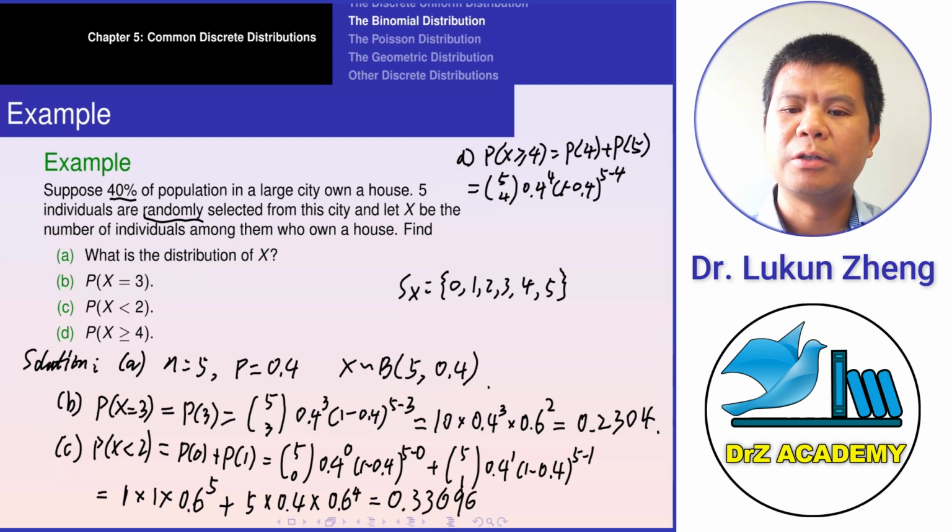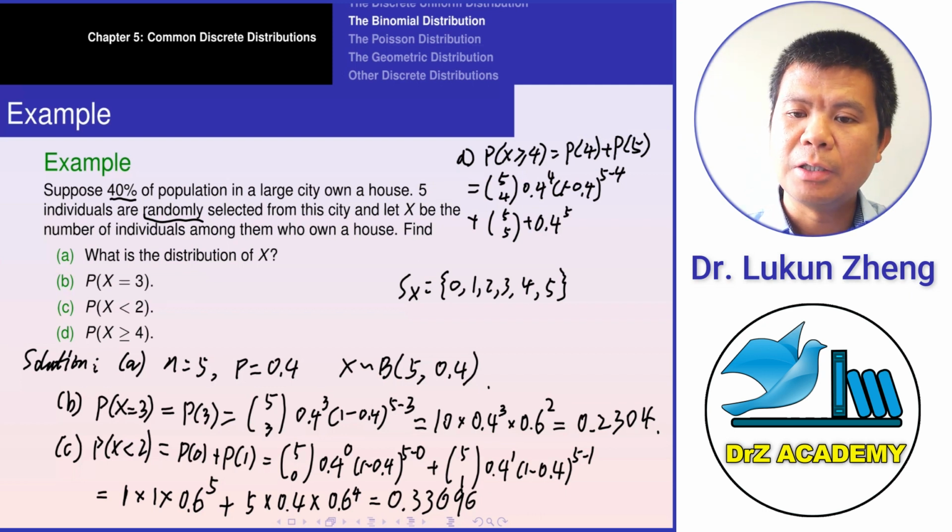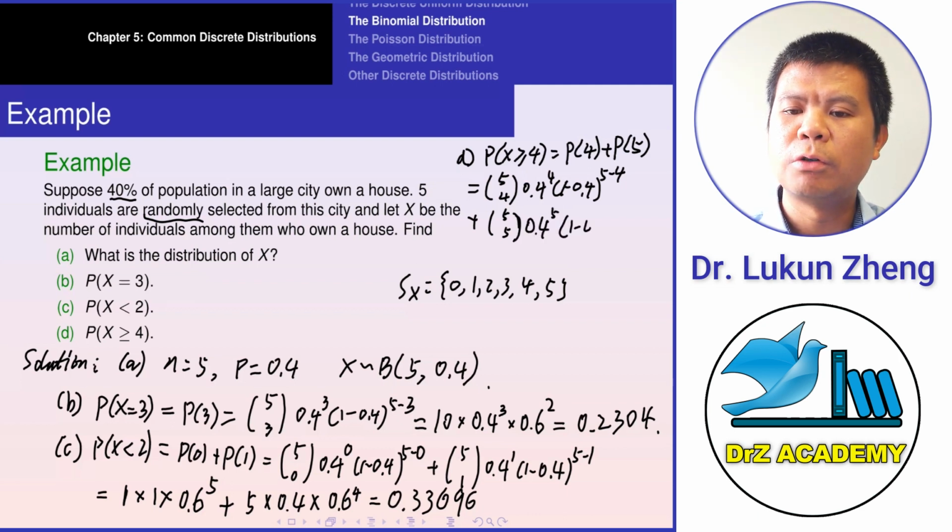That's the P of 4. Then plus 5 choose 5, it should be times 0.4 to the power 5, times 1 minus 0.4 to the power 5 minus 5.